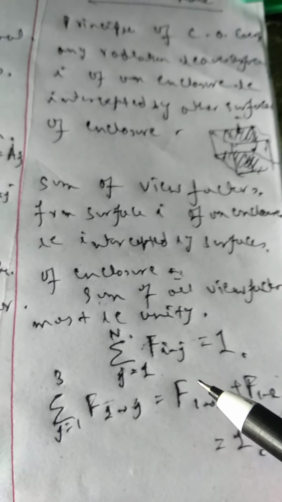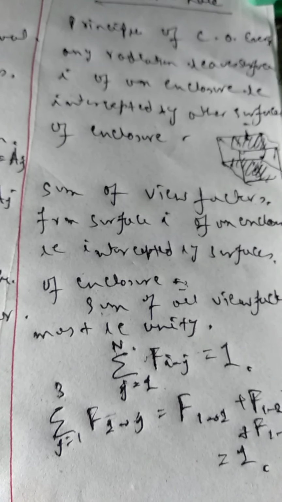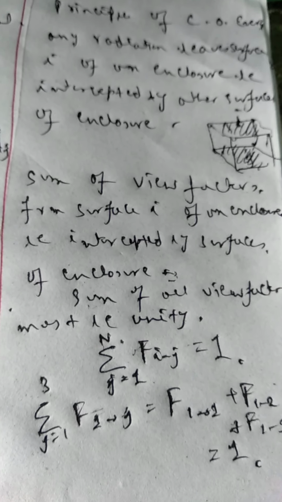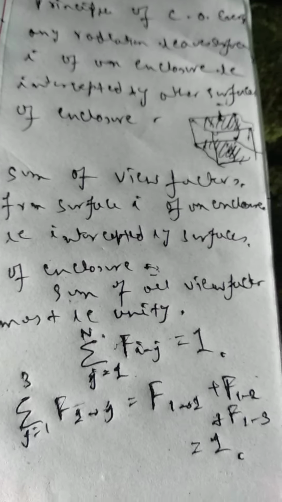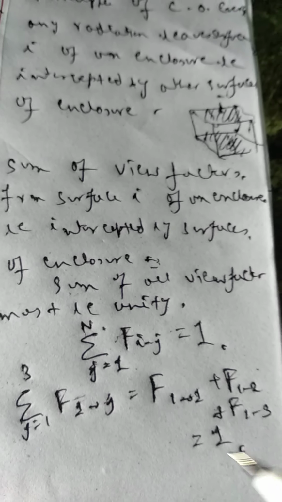So this is only for surface 1. Now this is also true for the other two surfaces also. So this summation rule can be applied to any surface of an enclosure, by varying i from 1 to n.